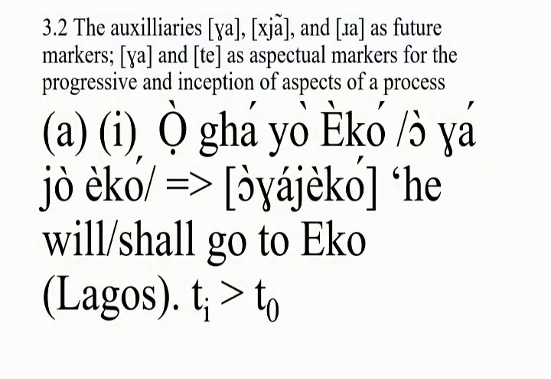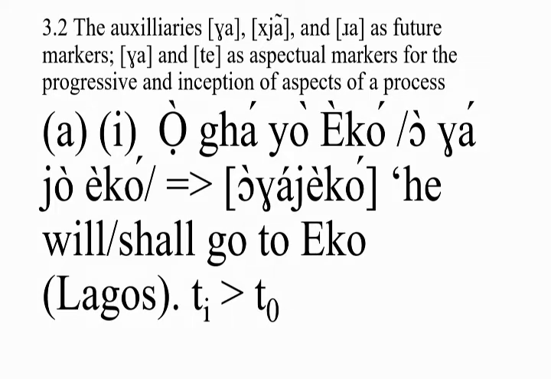So here the auxiliaries ga, hian, ra signify future. They are future markers. And then you have, depending on the tone, te as aspectual markers for the progressive and inception of aspects of a process.